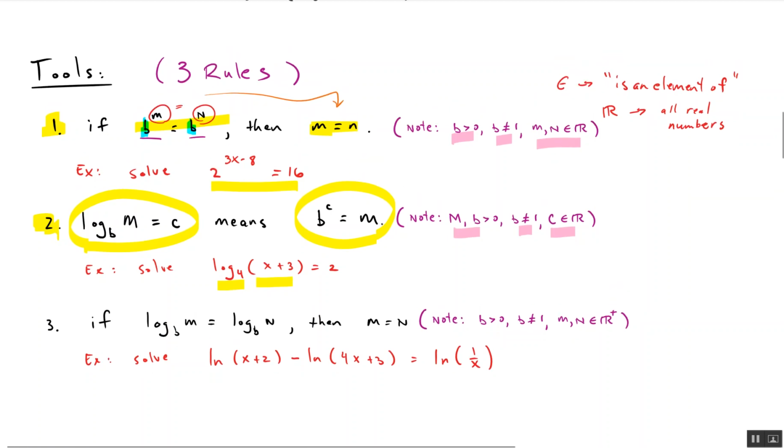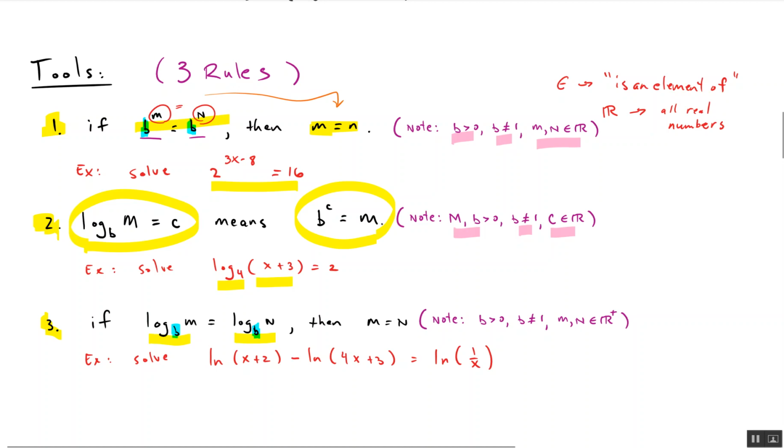The last tool we have, number 3, is kind of similar to rule number 1, but it's a log version. So if log base b of m equals log base b of n, meaning you have two logs set equal to each other, and they both have the same base, base b.